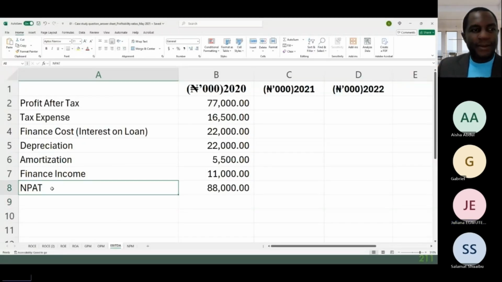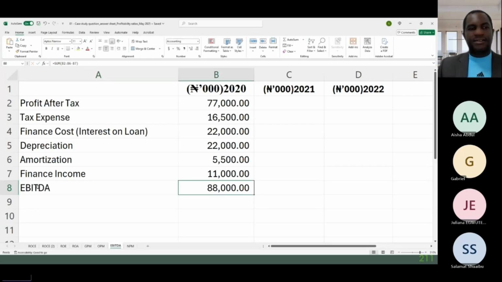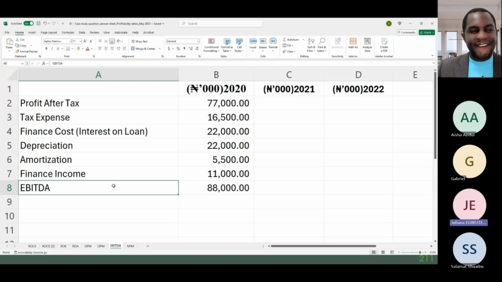Yeah, profit after tax is the acronym used. I'm just using net because I've added back and I've deducted finance income, so that I won't still say profit after tax. So let me call it EBITDA. So this is our EBITDA. So it's before tax now. Sorry, I didn't catch that. You said after, but it is before.